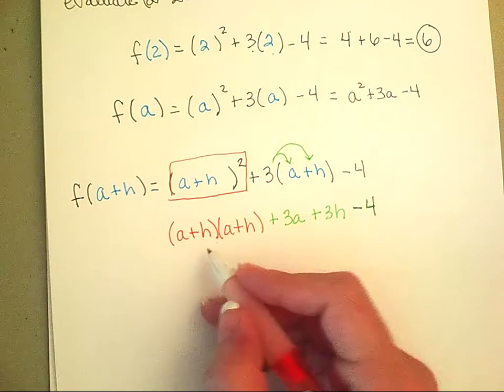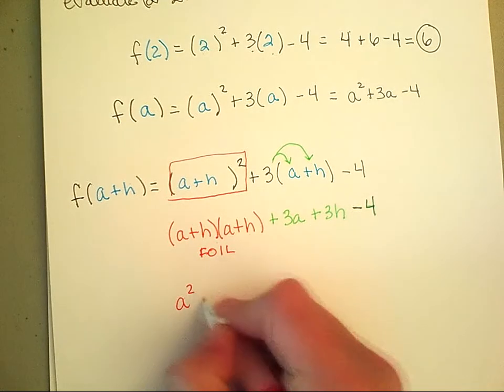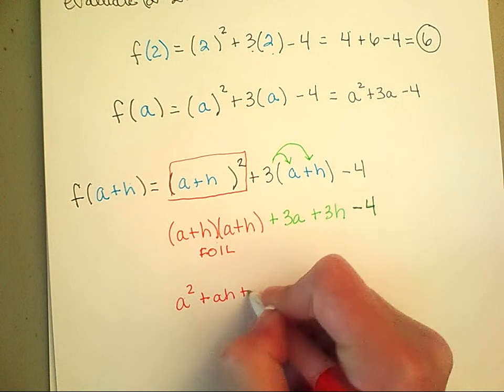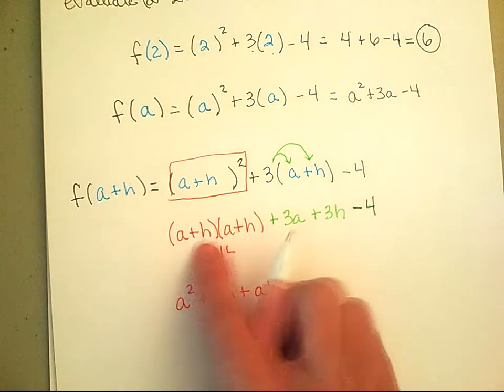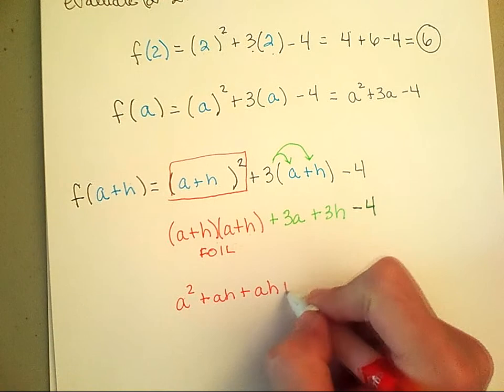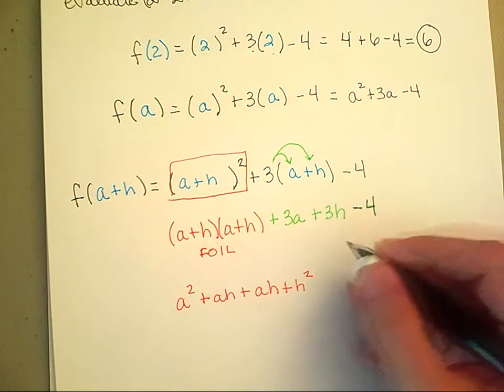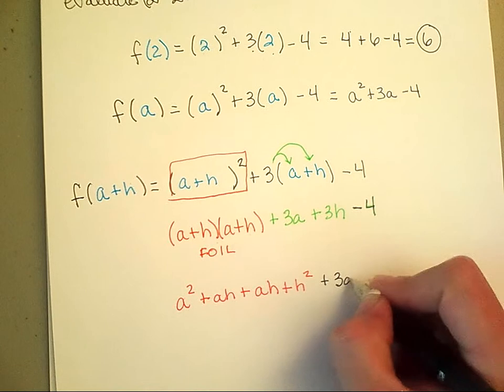Now, let's expand this. By foiling, what we'll get is a squared plus ah plus another ah. Remember, ha and ah are the same thing because multiplication commutes, plus h squared. And then we'll just copy the rest from above.